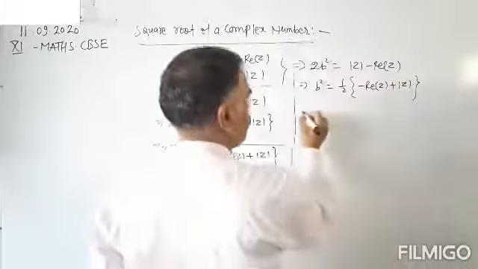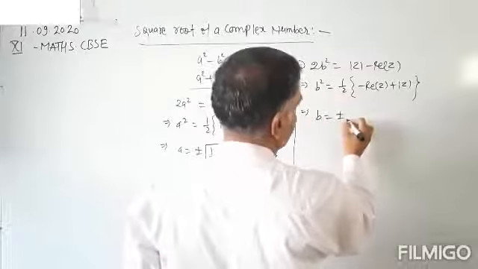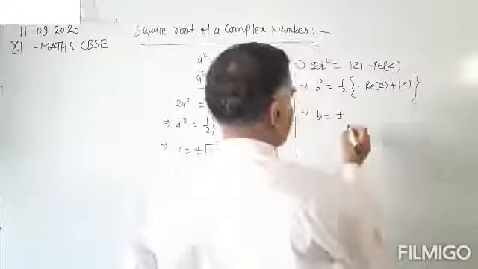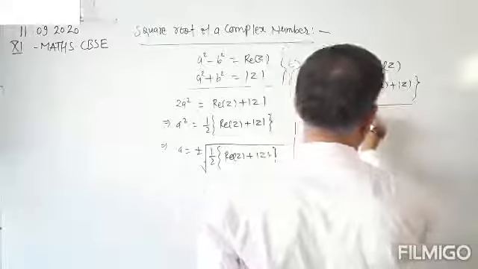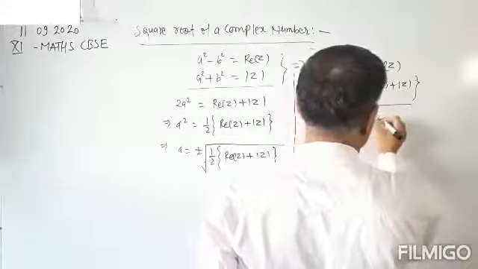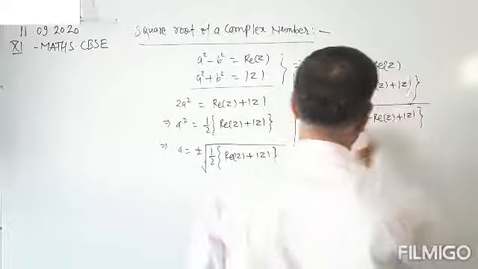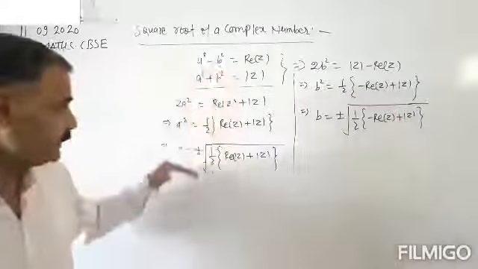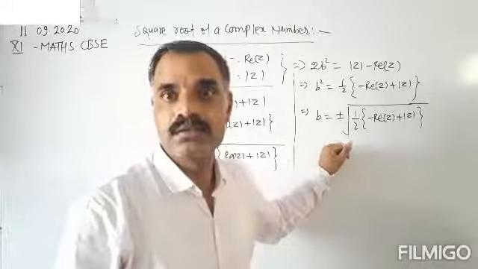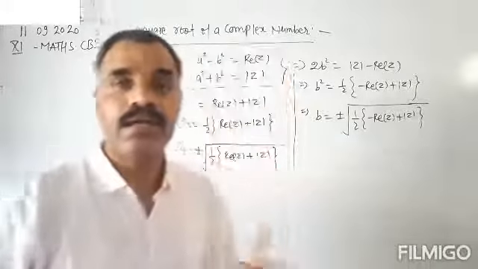So b equals plus minus under root half of minus real part of z plus magnitude of z. So this is a and this is b. So we have found a and b.